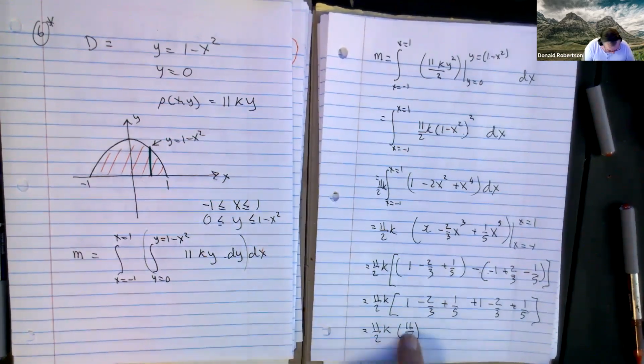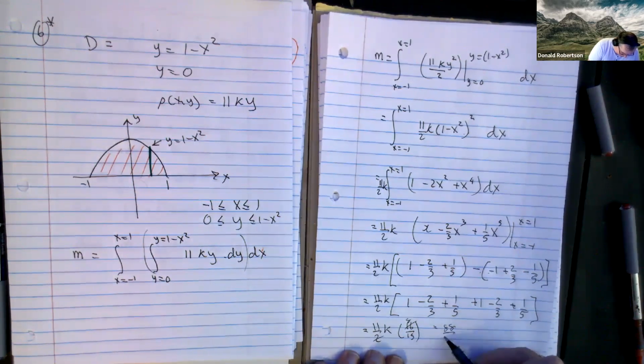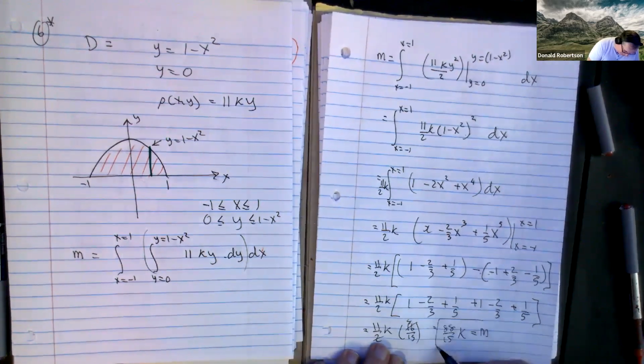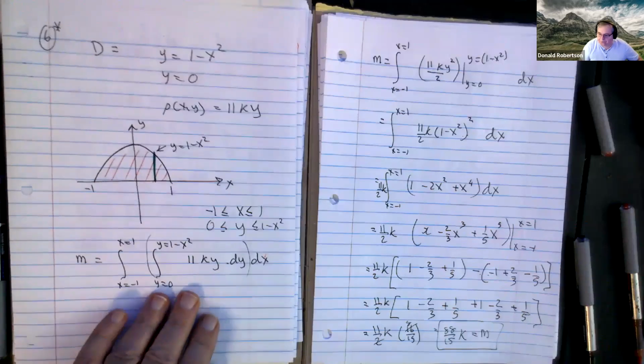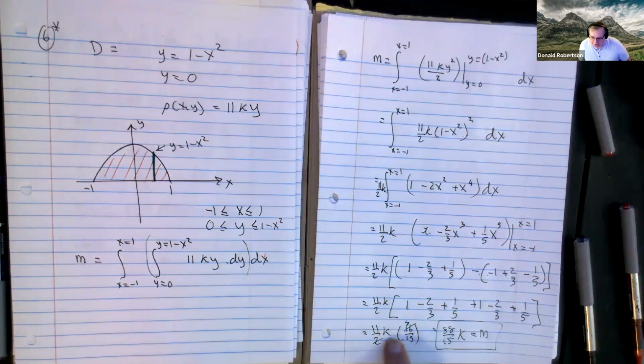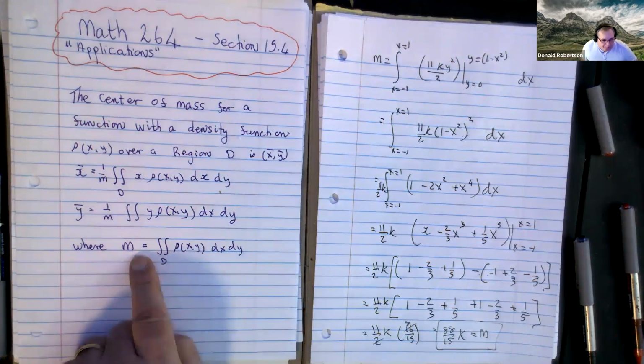And that guy times that guy, there's a little bit of cancelling, but not much. You get 88/15k, and that's the M. That times that, 8 times that's 88/15k. And that's that guy.